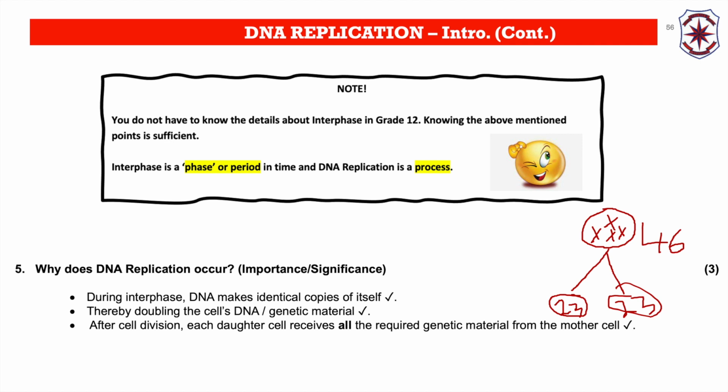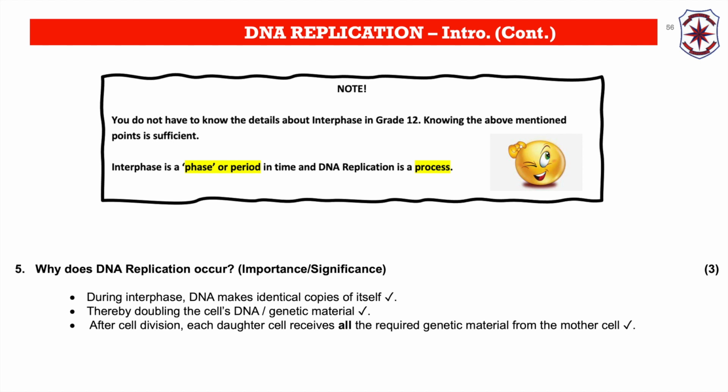First question of mine is, are these daughter cells identical to the mother cell? No, they're not. They would contain half the number of chromosomes. And if they are body cells or somatic cells, they need to be identical to the mother cell, meaning they need to have 46 chromosomes as well. Now, this would be totally invalid. All right? Now, what DNA replication does, the importance of DNA replication, I will show you just now.